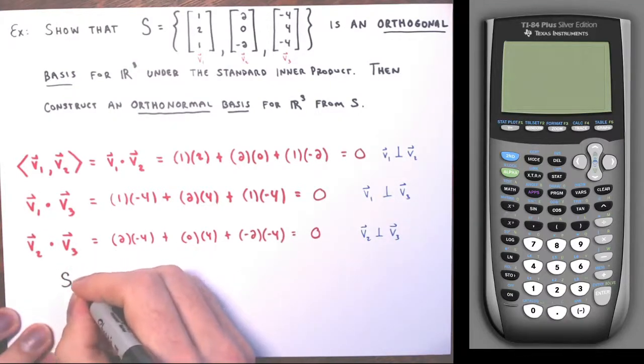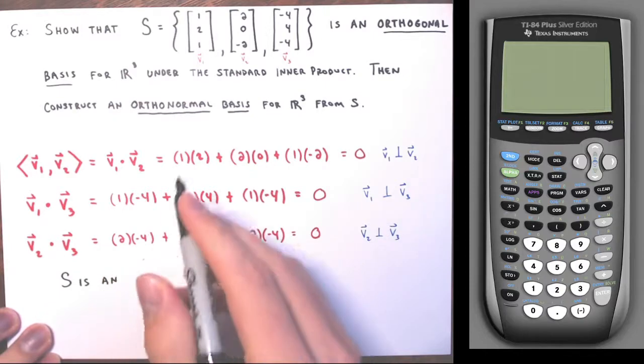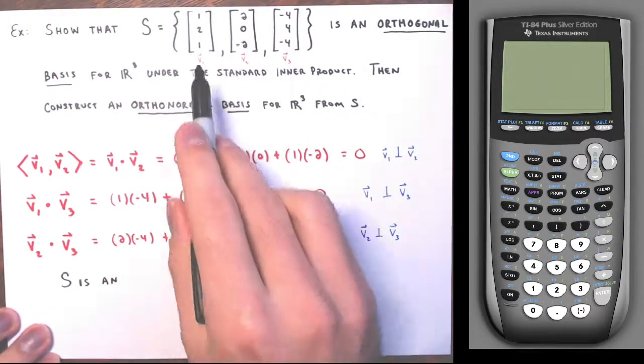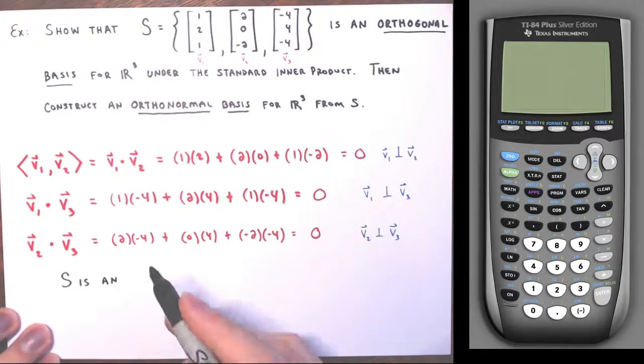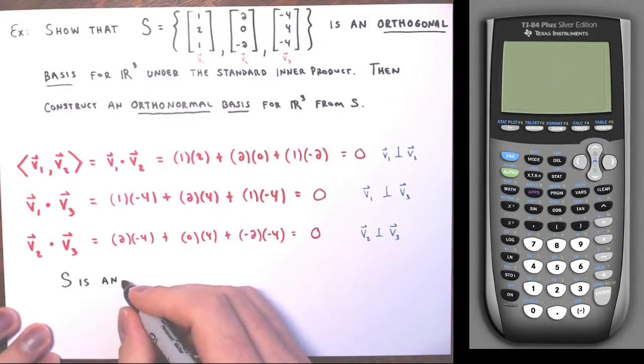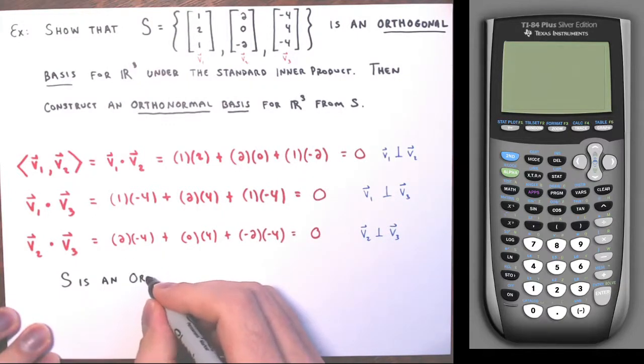So S is an orthogonal set of non-zero vectors. Notice that none of these vectors is the zero vector in R3.